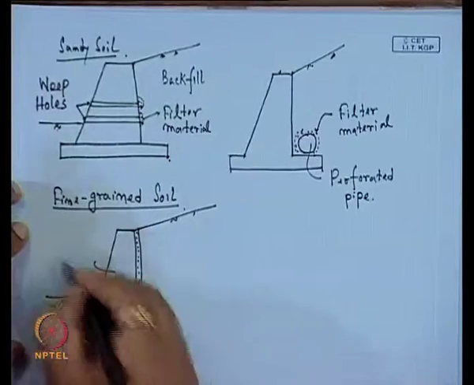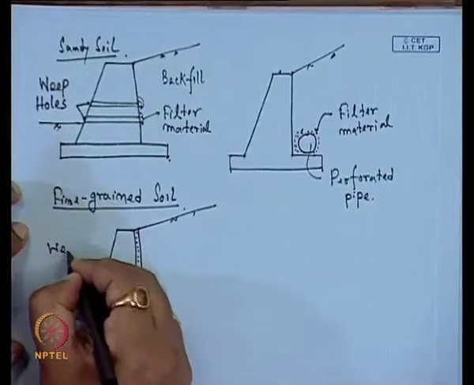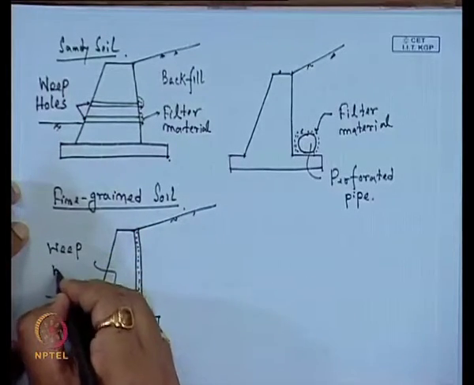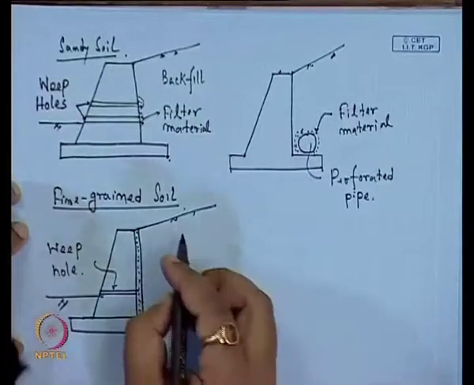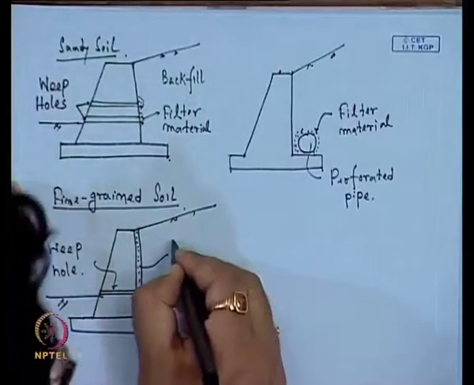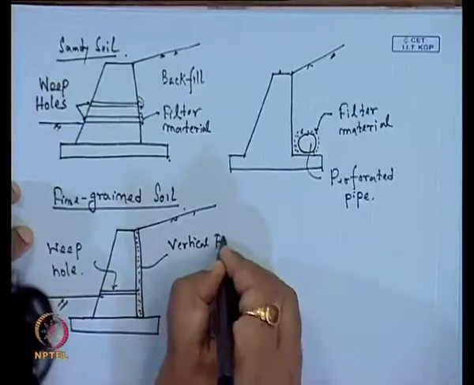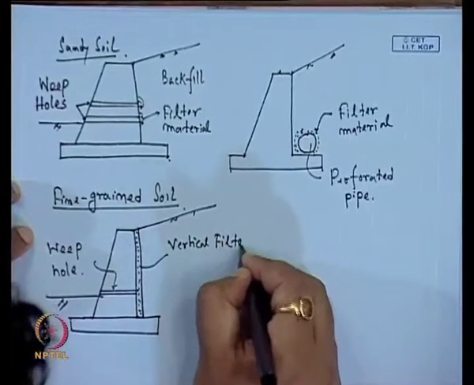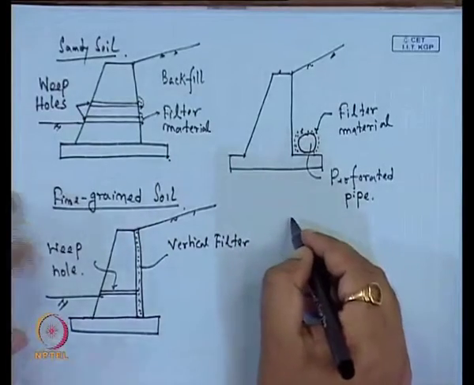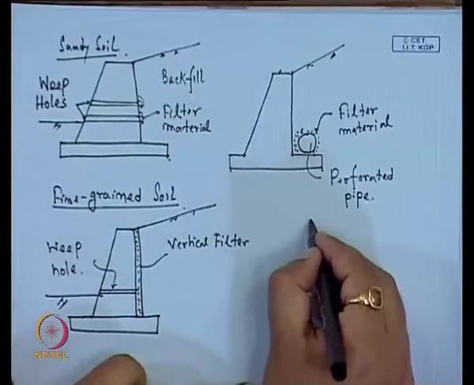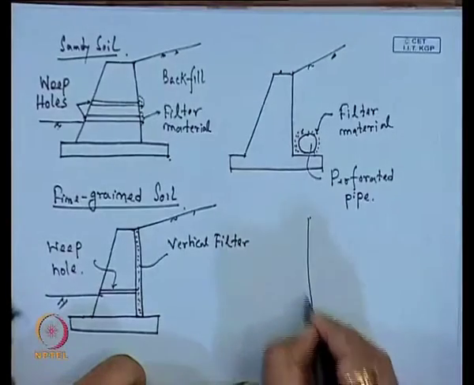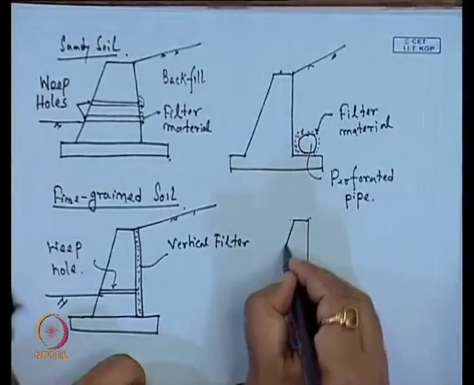So, this is the weep hole, and this is our filter material, or vertical filter. Now, this filter material can also be inclined. Suppose this is the retaining wall.